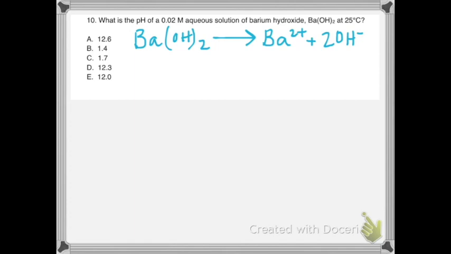Okay, so we can use the hydroxide to help us figure out the pH, but we need the concentration of hydroxide. And this we can figure out Chem 110 style.